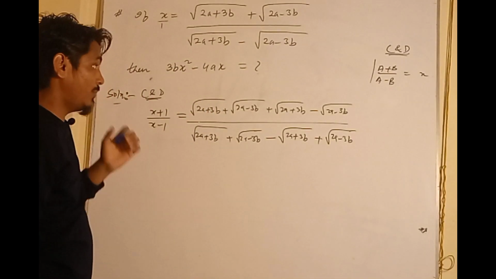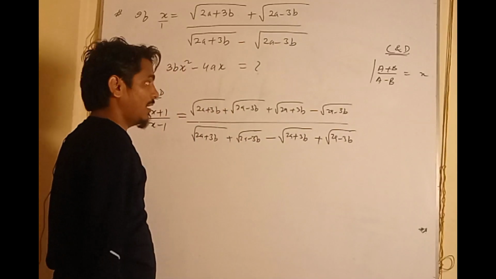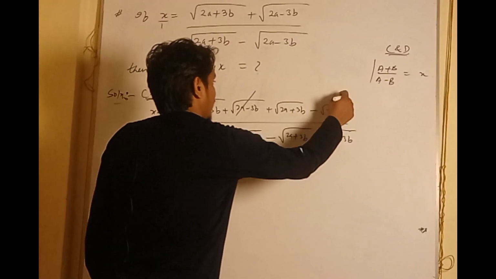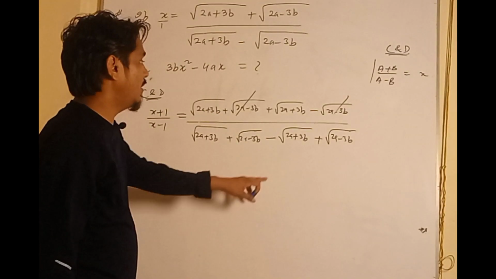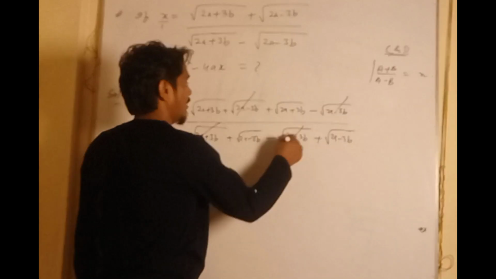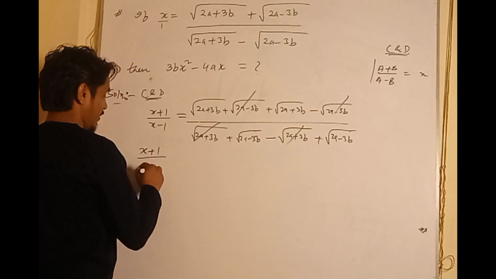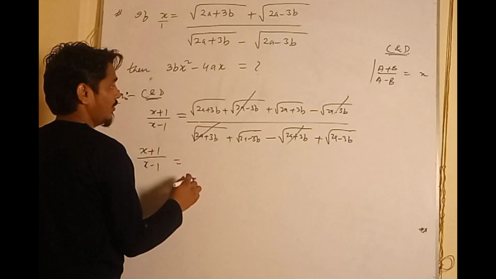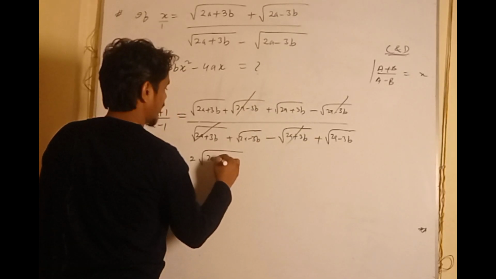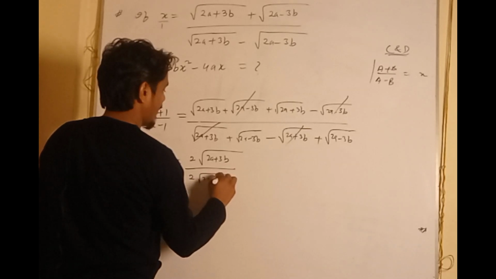Now you can find that in the numerator root 2a minus 3b is in minus, and here it is in plus, so these two got cancelled. In the denominator as well, root 2a plus 3b is minus, and this is plus, so these two got cancelled. So on the left we have x plus 1 over x minus 1 is equal to 2 times root 2a plus 3b, and in the denominator also 2 times root 2a minus 3b.